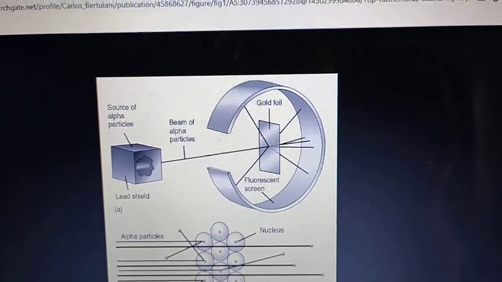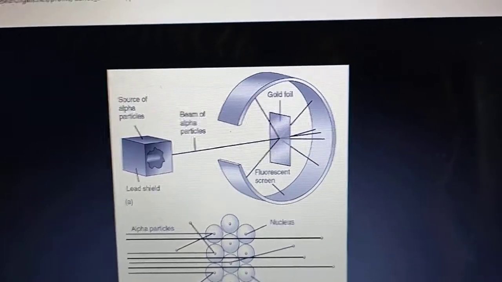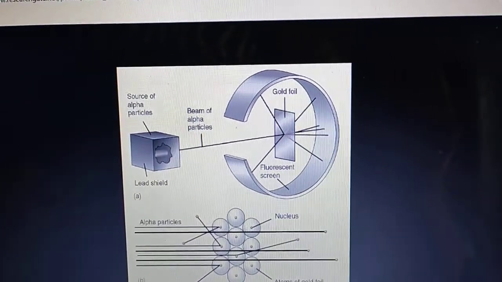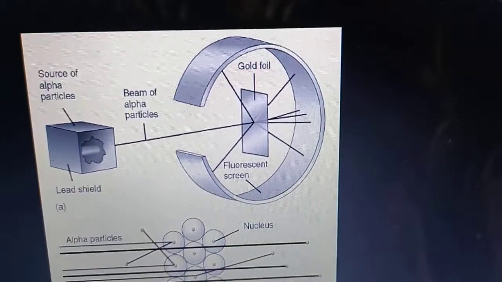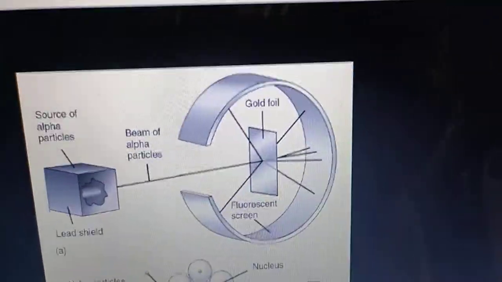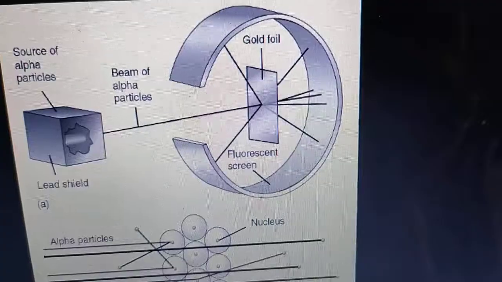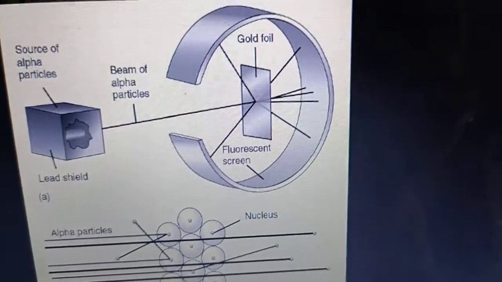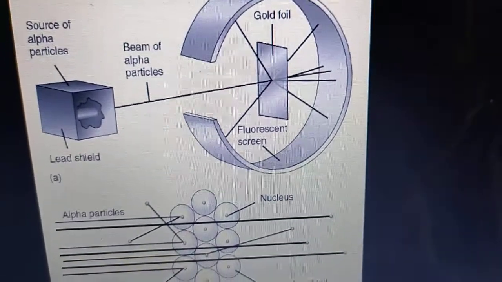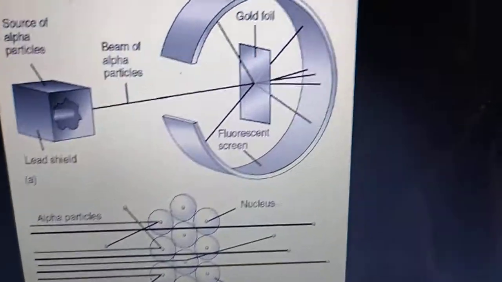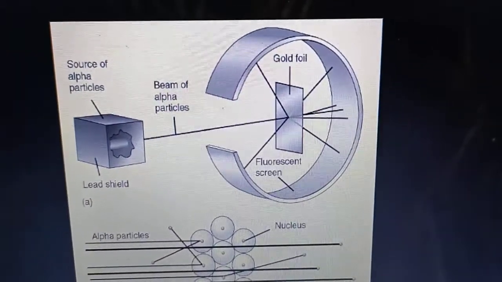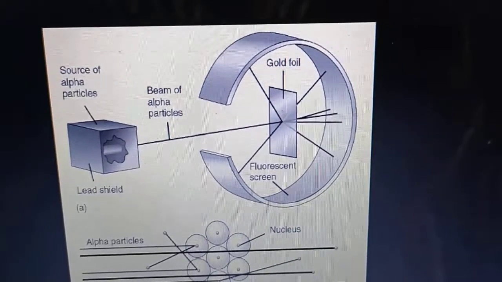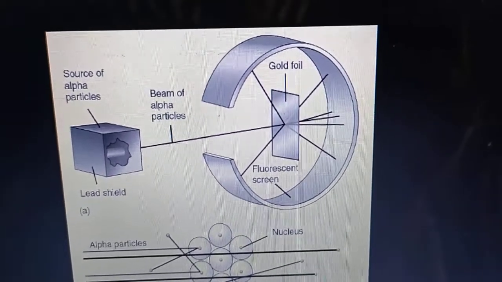and what he did, he bombarded the alpha particles in a chamber onto this thin gold foil. You can see the rays strike the surface of the fluorescent screen.